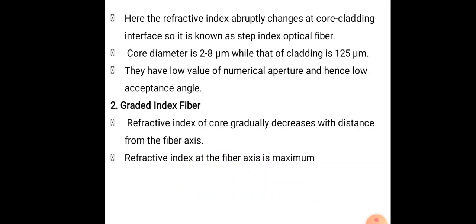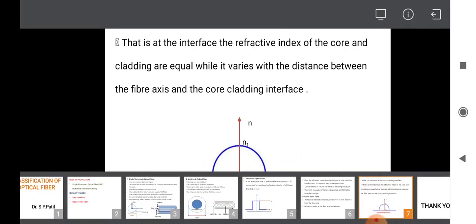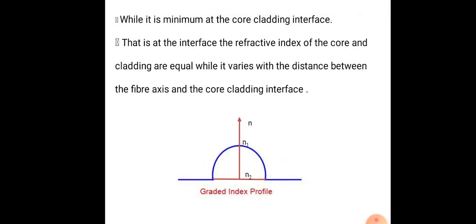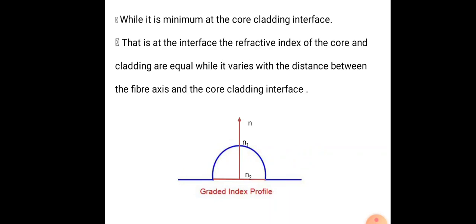Now, the refractive index at the fiber axis is maximum, while it is minimum at the core cladding interface. Understood? At the axis the refractive index is maximum and at the core cladding interface it is minimum.